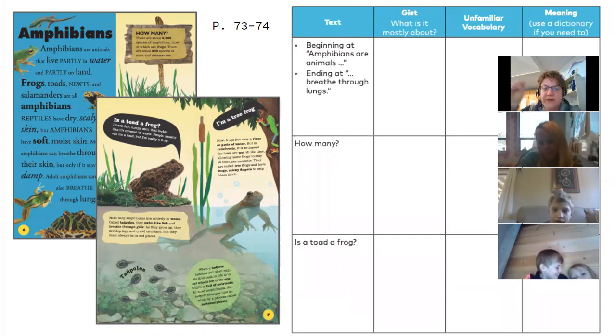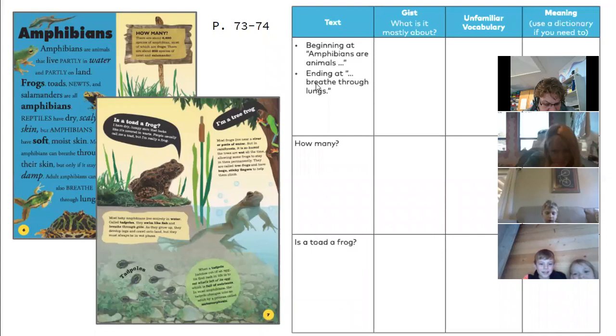We have little bits of information sprinkled through pages 6 and 7. So to tell us which section we're doing, it gives us a hint, beginning at "amphibians are animals." Everybody can find that section in the upper left-hand corner, and they want us to read through "breathe through lungs."